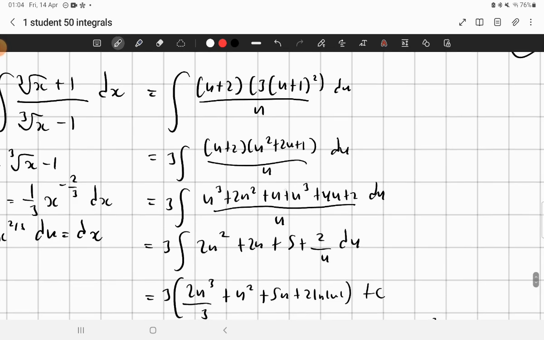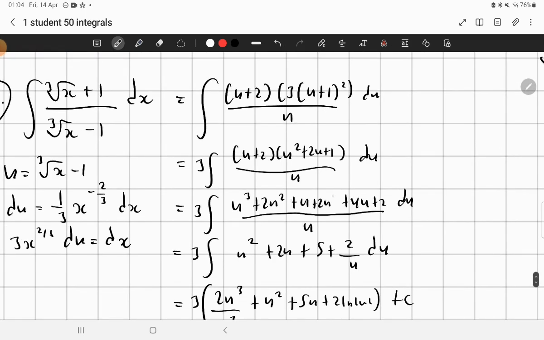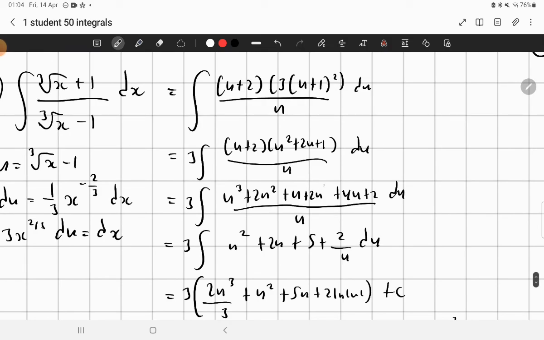Oh no. Wait. U cubed plus 2u square plus u, or 2u square. Oh, I see. 4u, alright. What am I doing? U square plus u plus. Is it? Yeah, no. Okay.